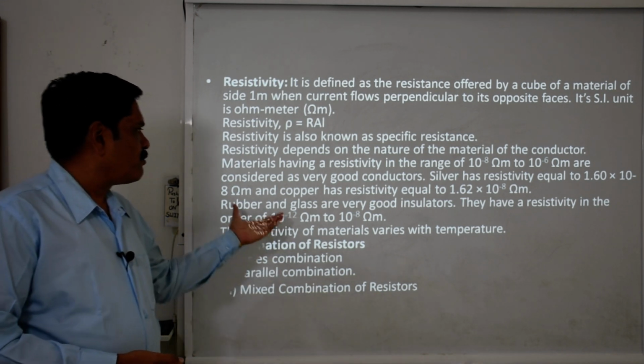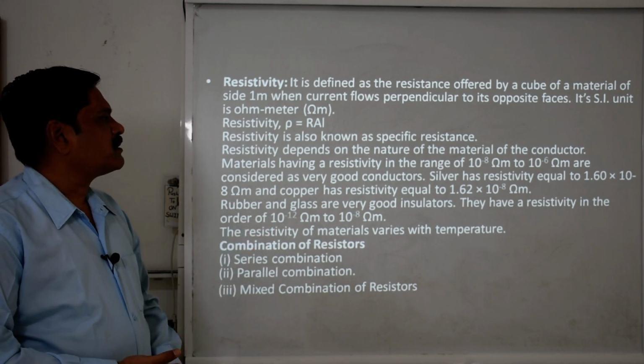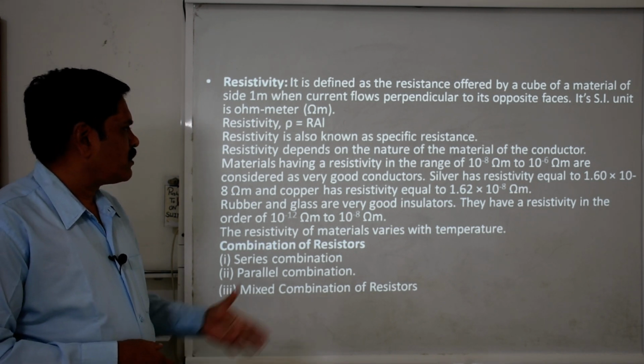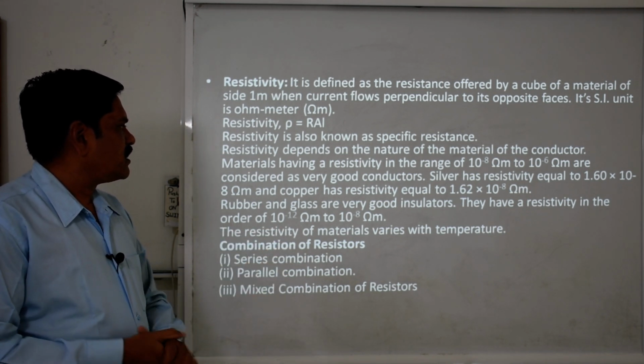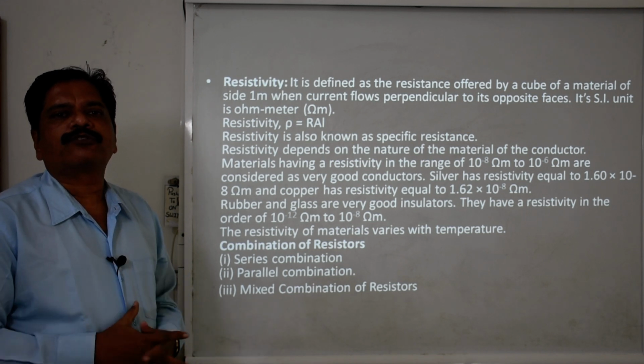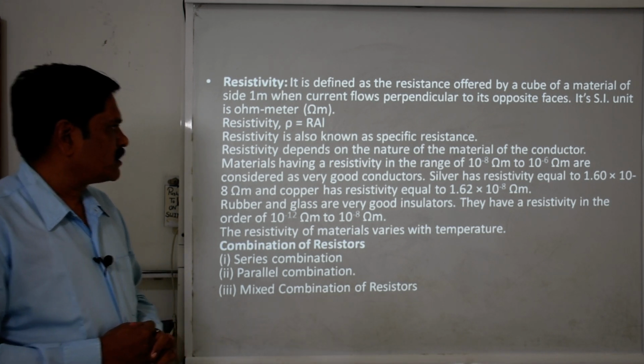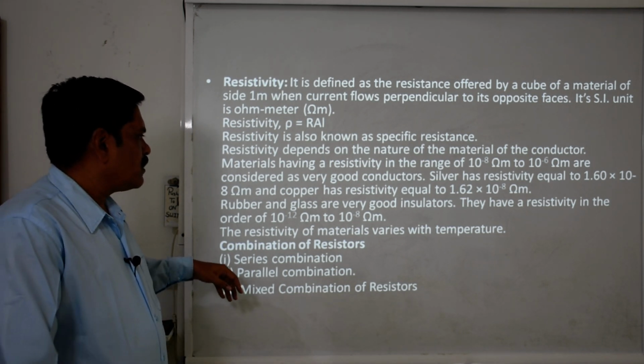Glass and rubber are good insulators because their resistivity is much higher.